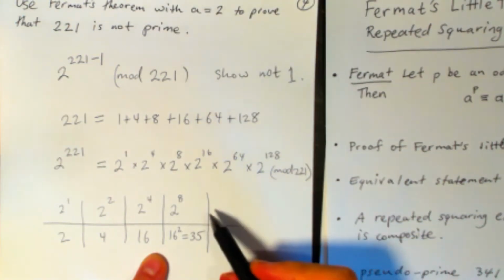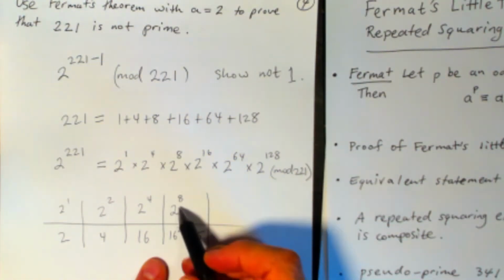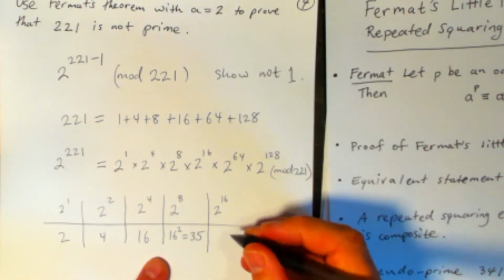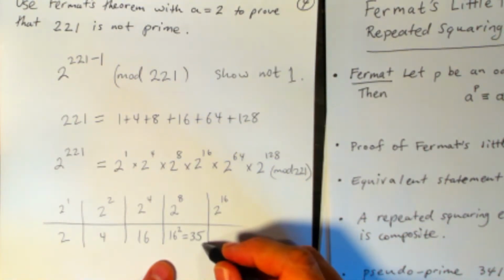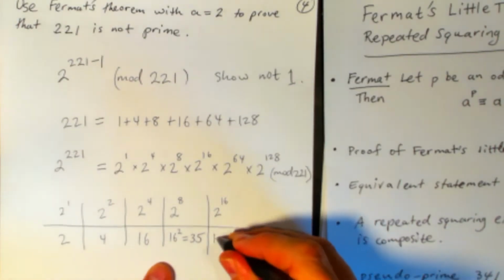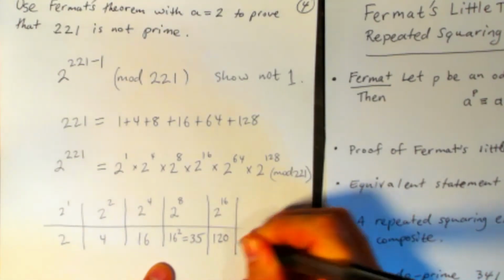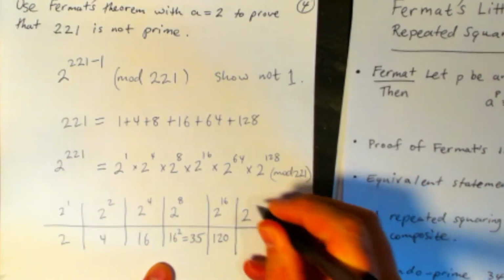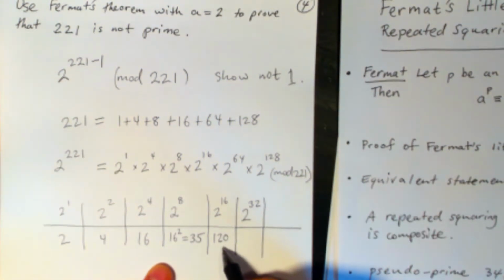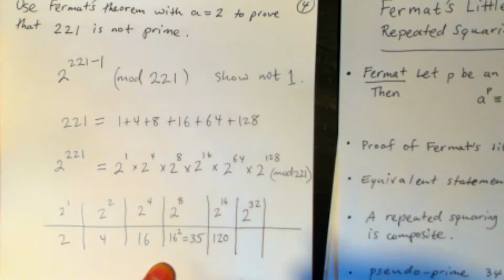Okay, next we want to do 2 to the power of 16, but that's 2 to the 8th squared. And so squaring 35 and then reducing mod 221, we will get 120. Okay, next, 2 to the power of 32. We'll square 120 and then reduce modulo 221.